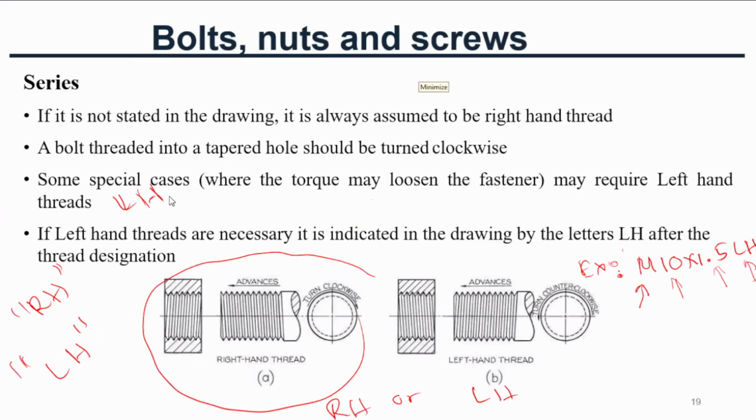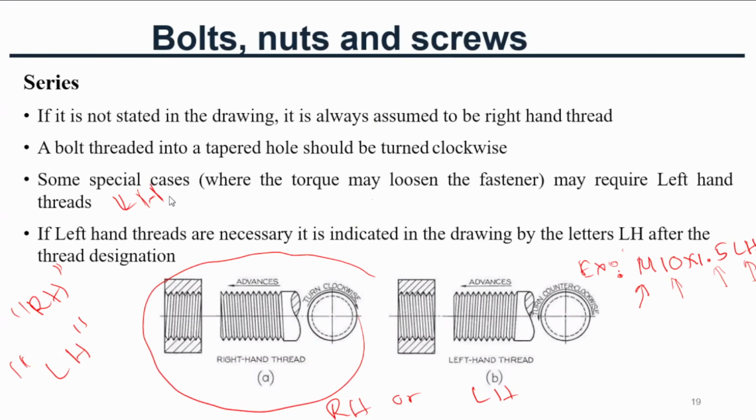Major or minor? Minor diameter, major diameter, pitch diameter. Now you have an idea. Yes, 10 means major diameter, 1.5 means pitch, LH means left hand. This thread is a left hand thread.